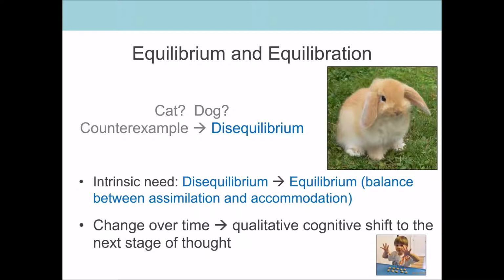We like to have everything fit nicely into categories and have all of our information match up and be able to make sense of the world. So we have that intrinsic need to go from disequilibrium to equilibrium, that balance between assimilation and accommodation. And this need to have everything make sense and have a good understanding of the world is what leads to change over time and a cognitive shift to the next stage of thought.